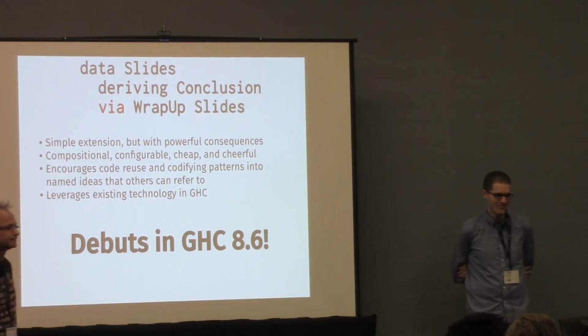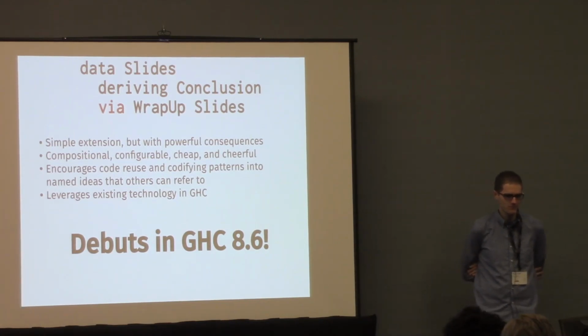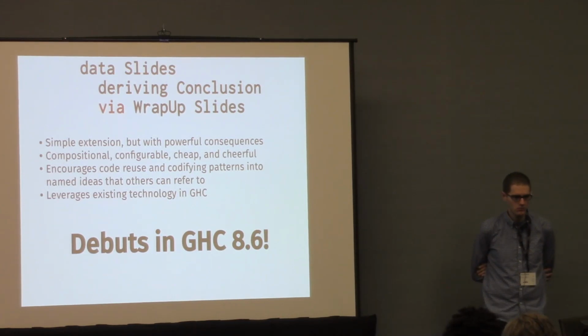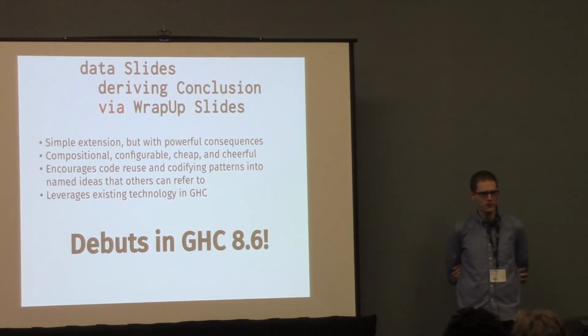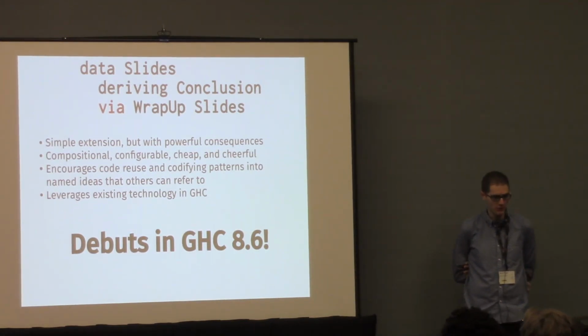What besides data types can you place after via? Does it have to be a data type? The question is, what sort of types can you put after via? For example, can you put type families after via, or does it have to be a data type? And the answer is, I believe you can put any type whatsoever. We're piggybacking on top of GHC's existing type checker.